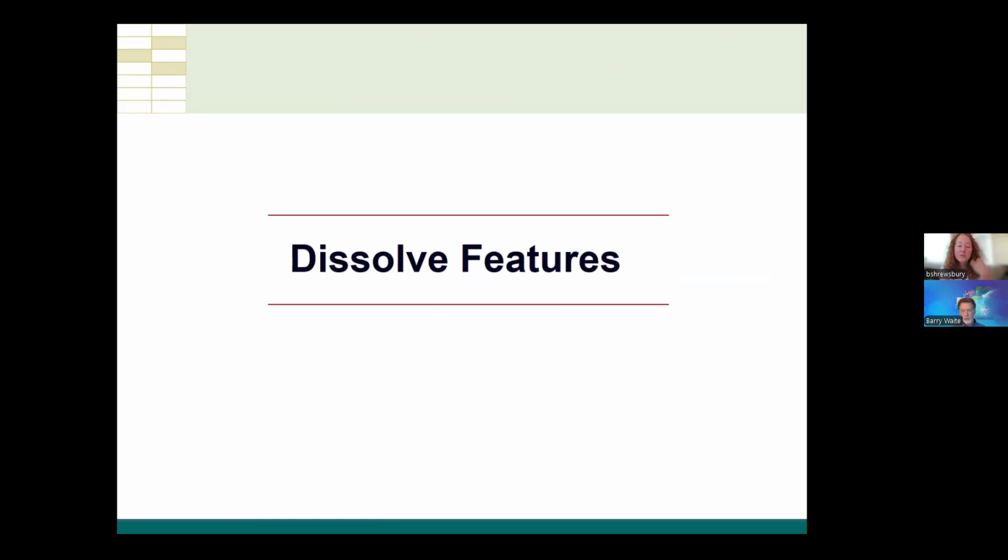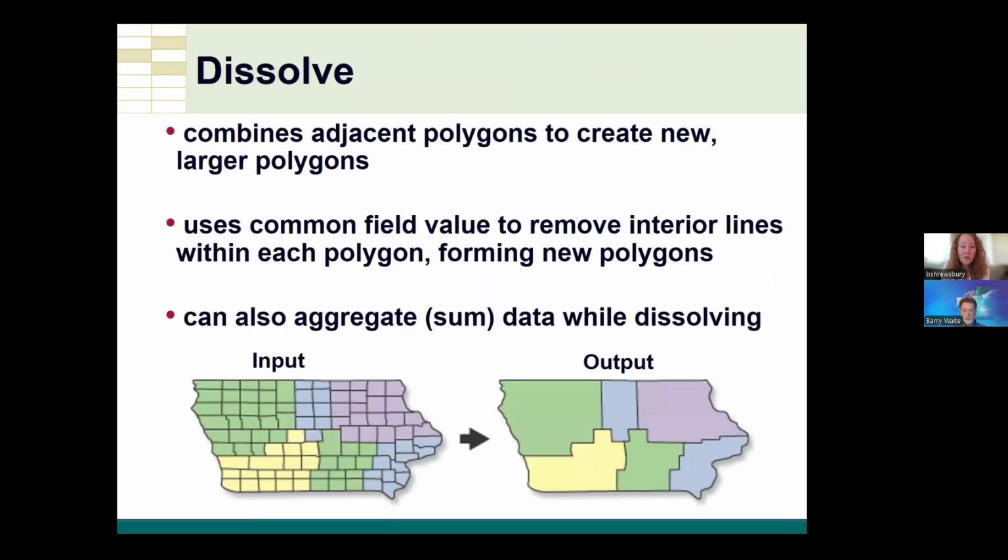Okay, then we're going to talk about dissolve. I like this one. I don't use clip all that much, I'll be honest, but I do use dissolve. This one I believe is Iowa, and we've got all the different counties. But what they have in the tabular data is which region of the state they're in, or maybe a congressional district.